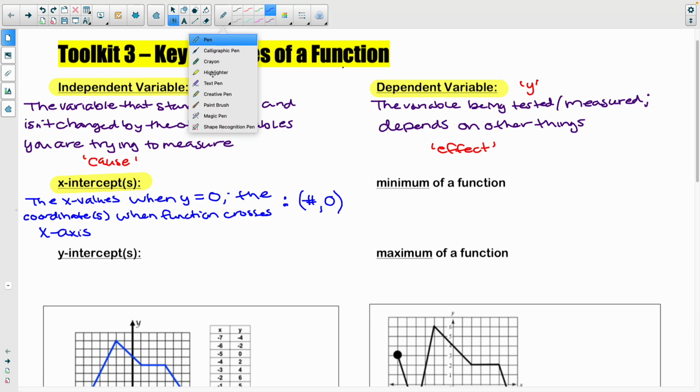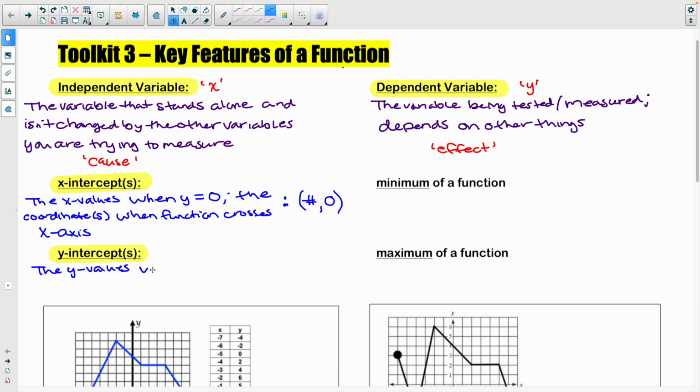Below that, we're going to talk about the y-intercept or intercepts. Most of the time, you're only going to have one y-intercept because if it is a function, it should only cross one time. The y-intercepts are the y values when x is equal to 0.